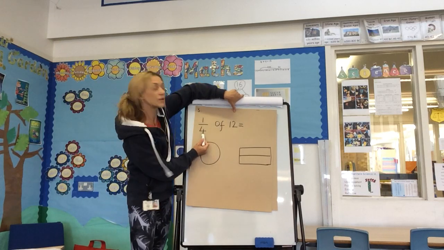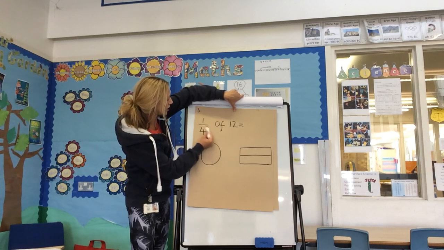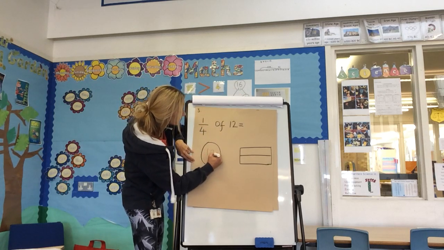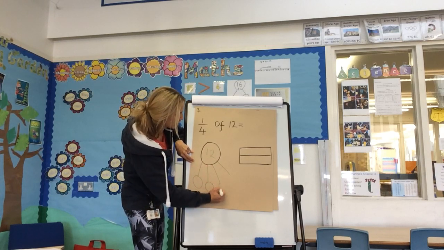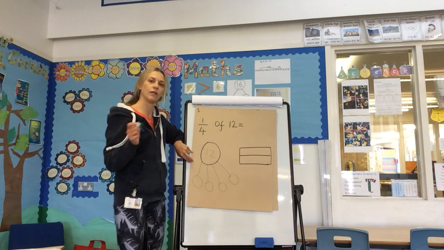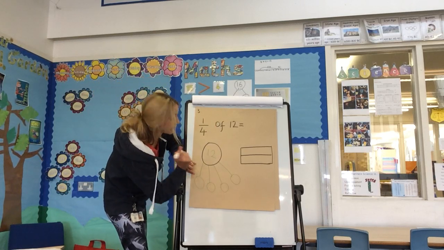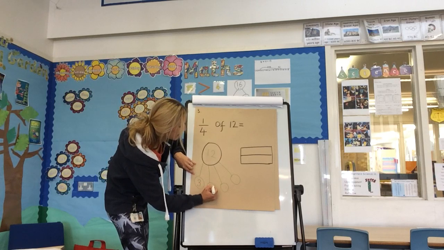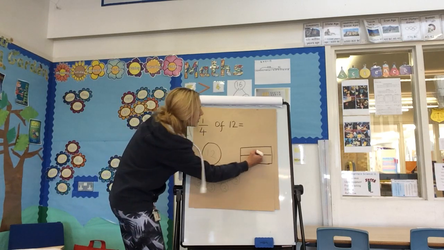Now 1/4 of 12. Our denominator has changed to 4. My whole number is 12. I need 4 parts: 1, 2, 3, 4. Now, what do we know about 4 and 12 and the sharing? We know 3 4s are 12. 3, 6, 9, 12.